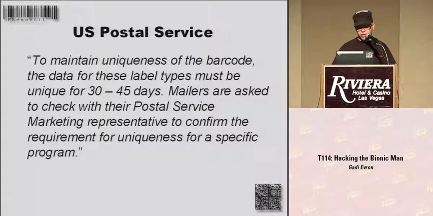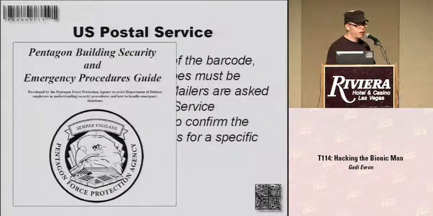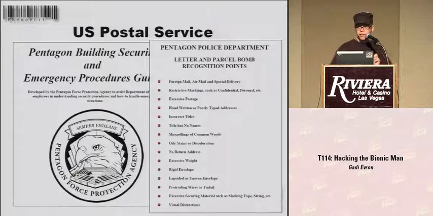Now, on the other hand, I compared that to another spec that at first sight has nothing to do with it. This is the Pentagon Building Security Emergency Procedures Guide, which also has a guide on how to handle mail and recognize letter bombs. It has things like foreign mail or excessive postage, or protruding wires and tinfoil.